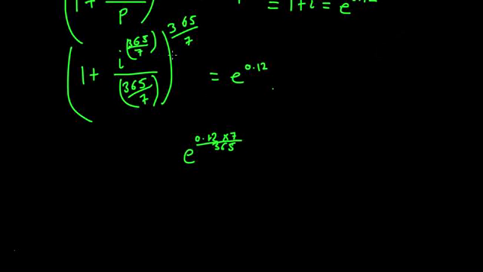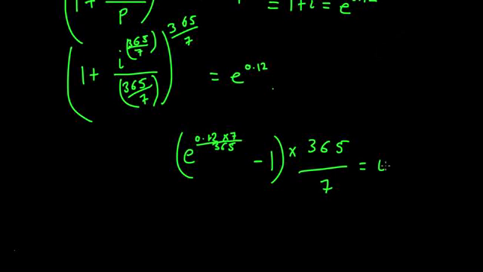That equals what's inside the brackets. We minus 1 from both sides, and then multiply by 365 over 7. That gives us our nominal annual interest rate compounded every 7 days.